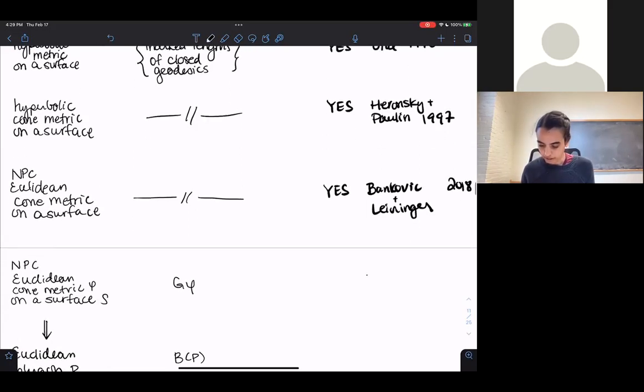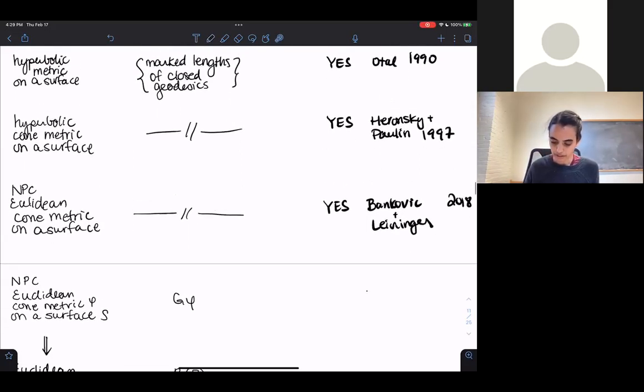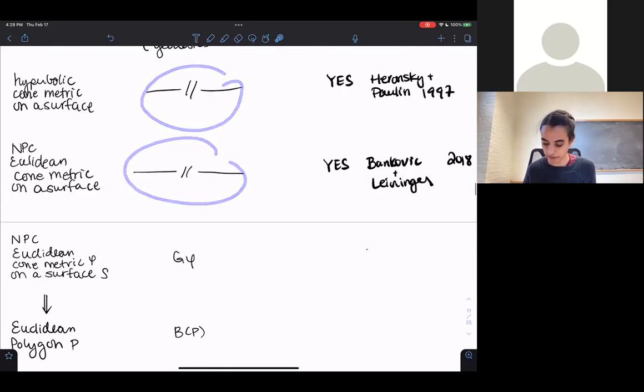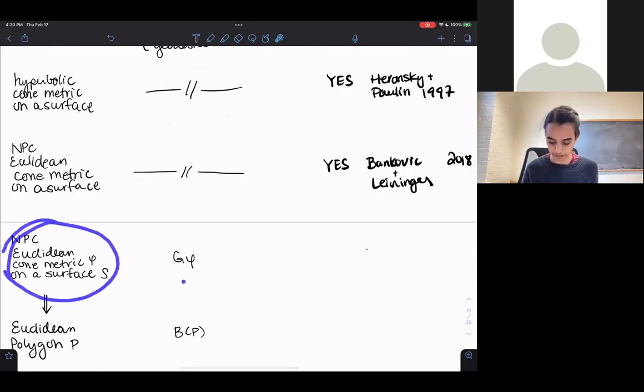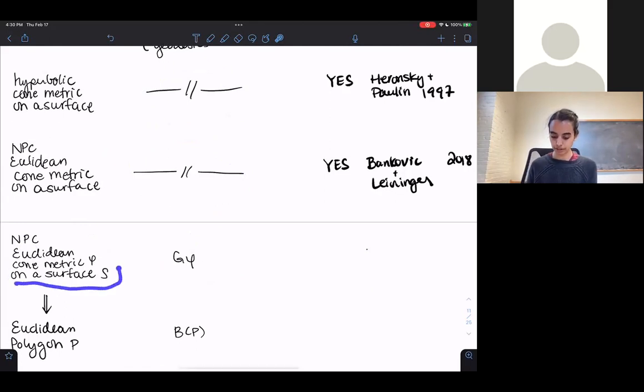All right. So now these are the types of metrics that we're looking at in this talk, but now let's change this. Instead of the marked length spectrum, let's say that you had now these pairs of points at infinity that bound non-singular geodesics. And we've kept this the same: it's still this non-positively curved Euclidean cone metric on a surface. So can you figure out the Euclidean cone metric given these pairs of points at infinity?